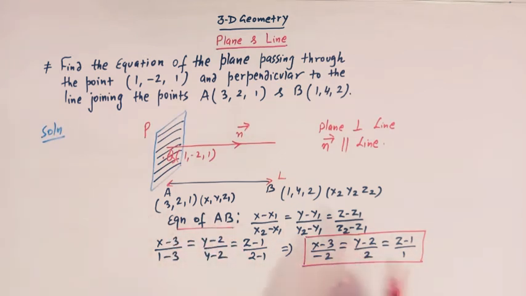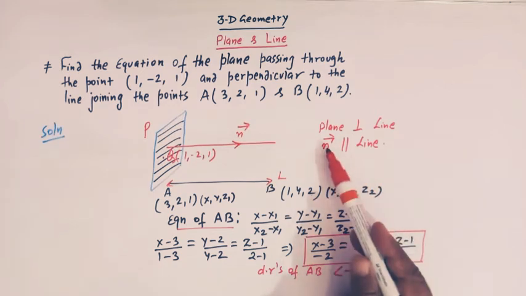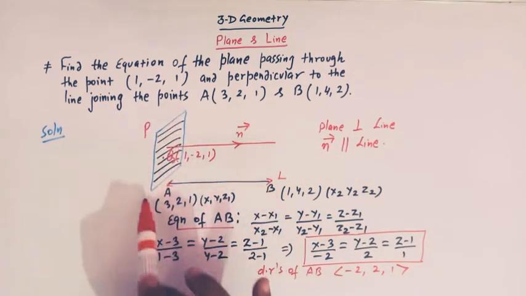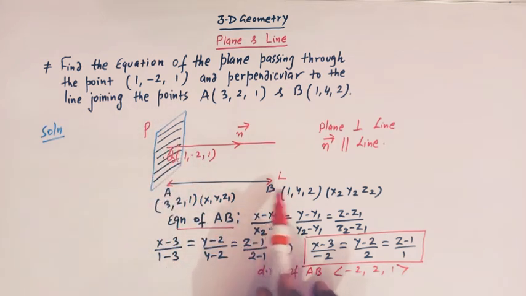And from this equation we see that the direction ratios of the line AB are -2, 2 and 1. And here we have seen that this normal vector to this plane P is parallel to the given line, because the plane is perpendicular to the given line.